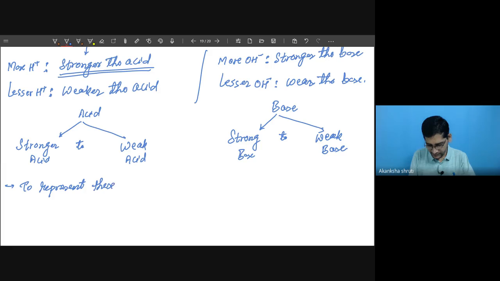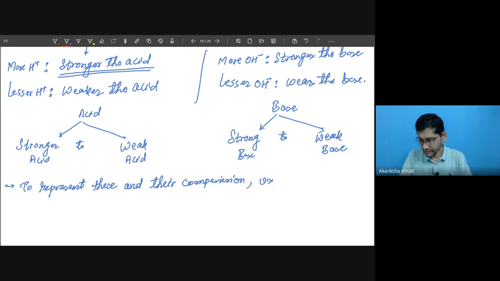Okay. So to represent these and their comparison, we use the pH scale. So a universal indicator is used. What is a universal indicator?